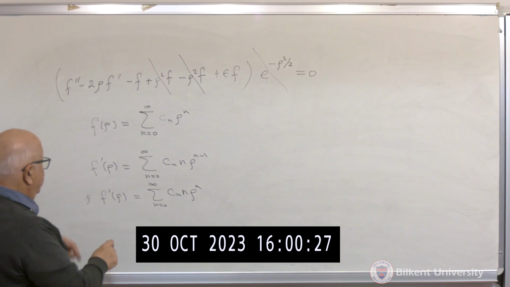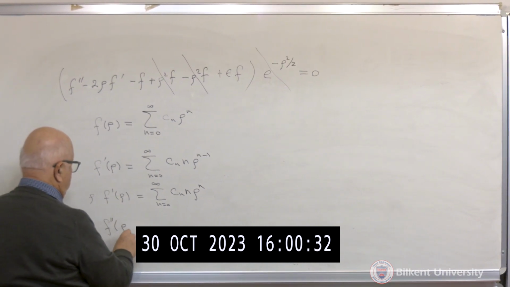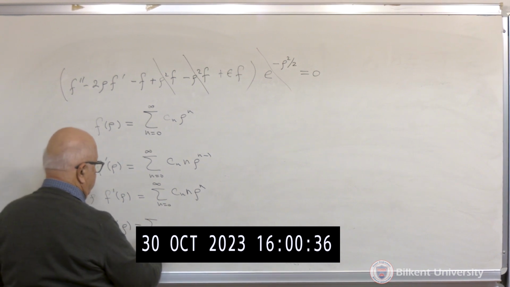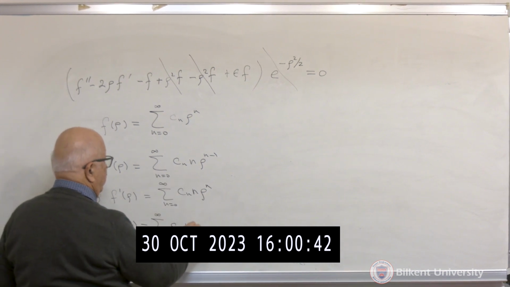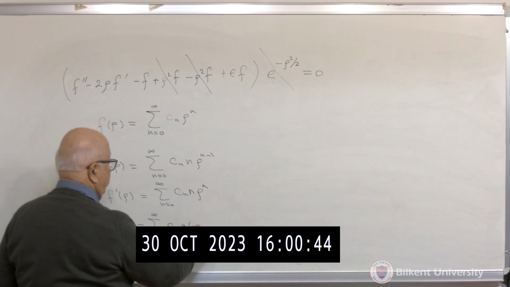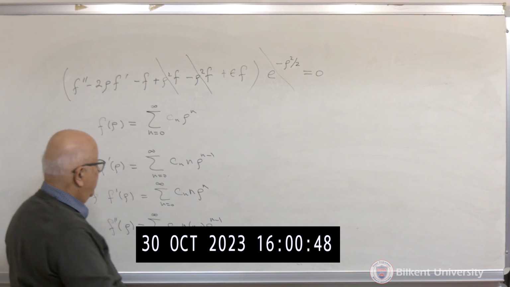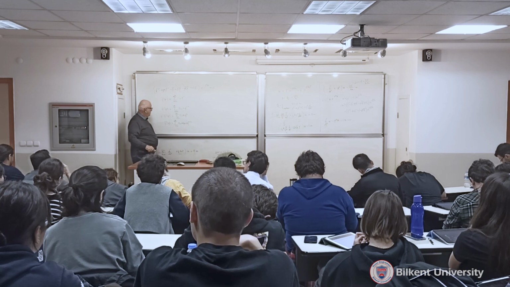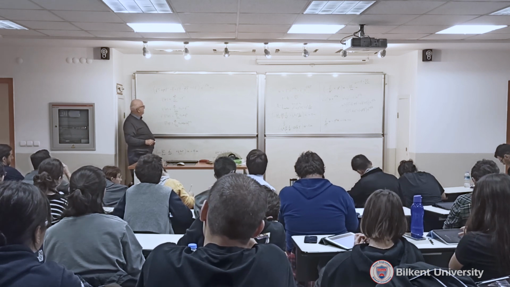What about the second derivative? f double prime of rho is the sum over n from 0 to infinity of Cn n, one more derivative, n minus 1, rho to the n minus 2. So now that's my series.